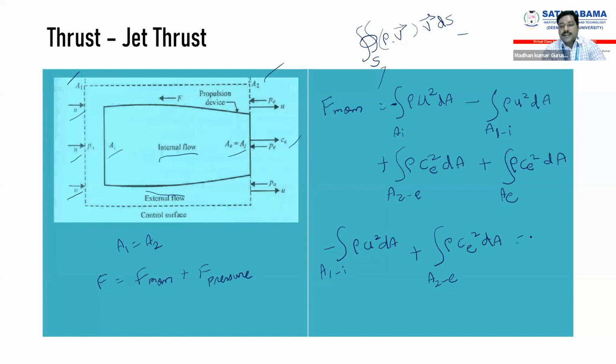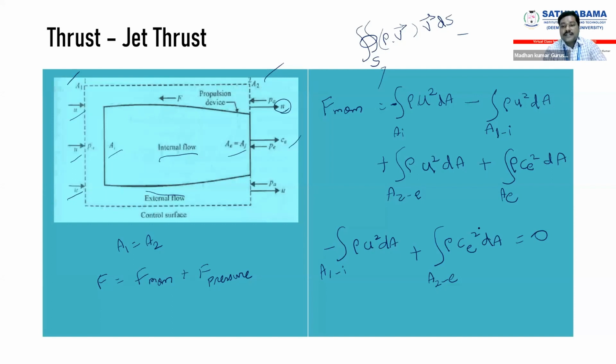So these two momentum terms become 0. And then here it is not C square, because here we have the exit velocity moving from 2 to E, meaning only U is there. In the A2, the velocity is U, so we are having U.